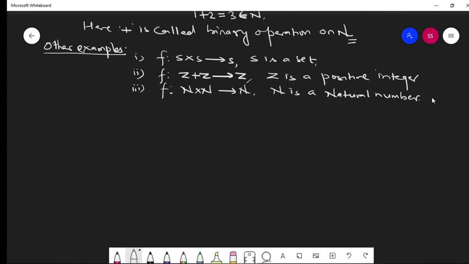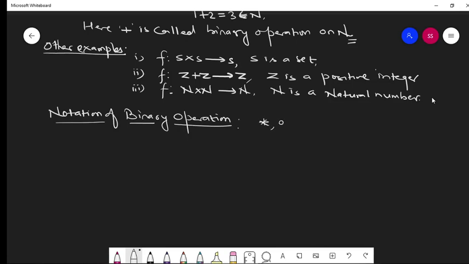And about the notation of binary operation. The notation can use symbols like the asterisk, the empty set symbol, dot, multiplication sign within a circle, subtraction sign, plus sign, or triangle, etc. Suppose we can use a asterisk b, which shows the operation, or a dot b, which shows the operation.